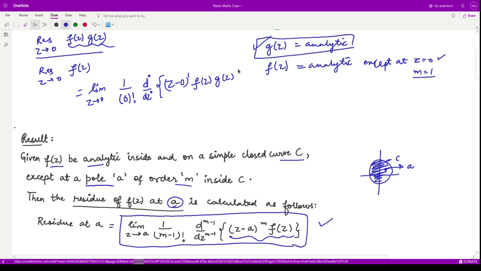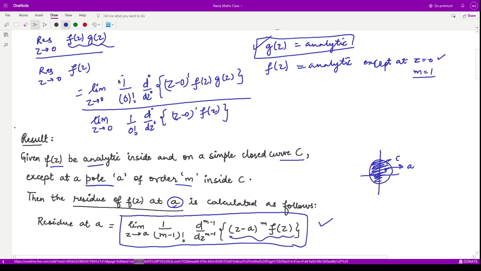And similarly, we do the same thing for the denominator. So it would be limit z goes to 0 and then 1 upon 0 factorial, right? Because here again m is 1 and z is 0, and we won't perform any kind of differentiation, and it is the same thing, but now instead of f(z) into g(z), we only have f(z).